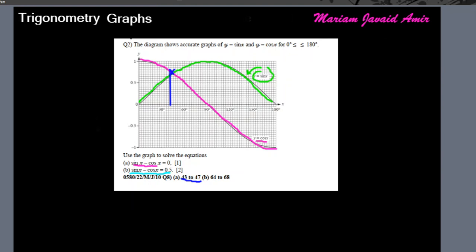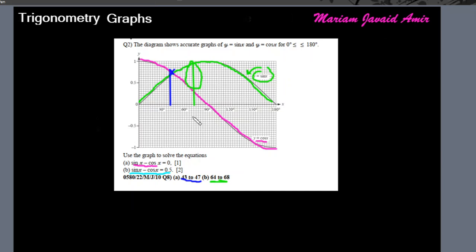So 0.5 is 10 boxes. So where in the graph is the difference between the graphs equal to 10 boxes? I'm not sure, I can't really read from here. So let's say these are 10 boxes here. I'll say my answer is between 64 and 68.